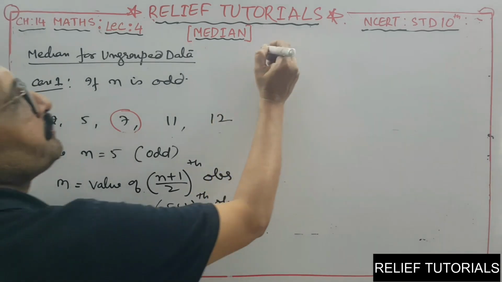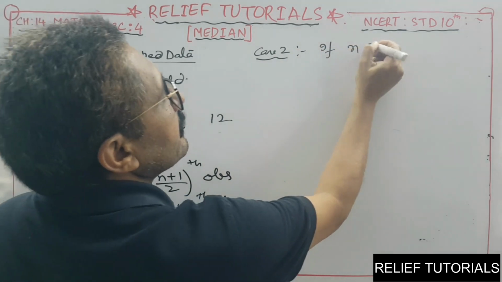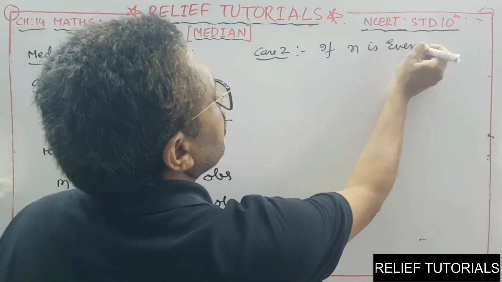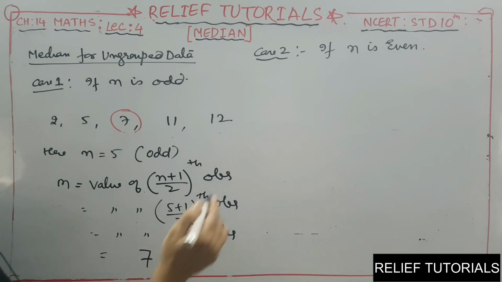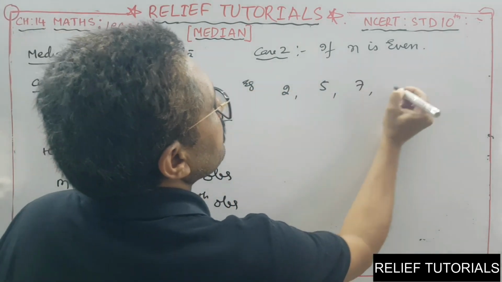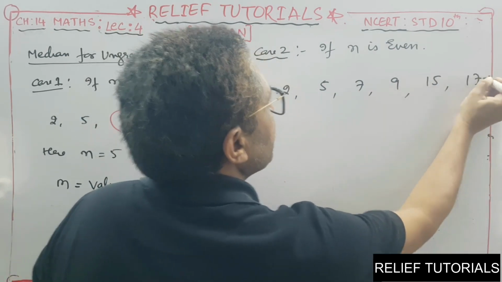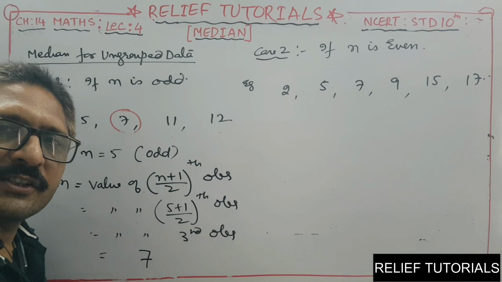Now case 2: if n is even. See, we will take one more example: 2, 5, 7, 9, 15 and 17. Look at these observations.